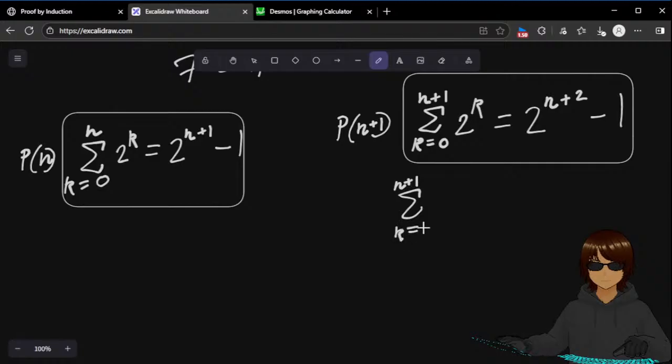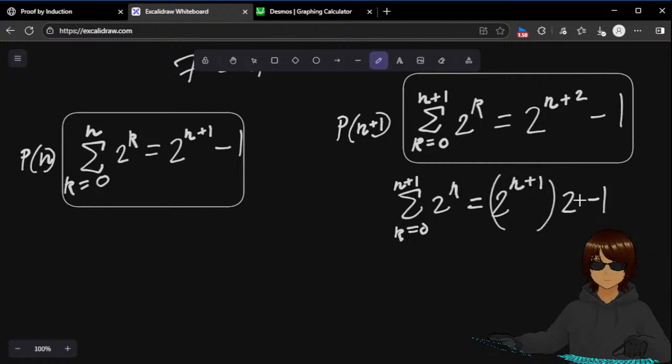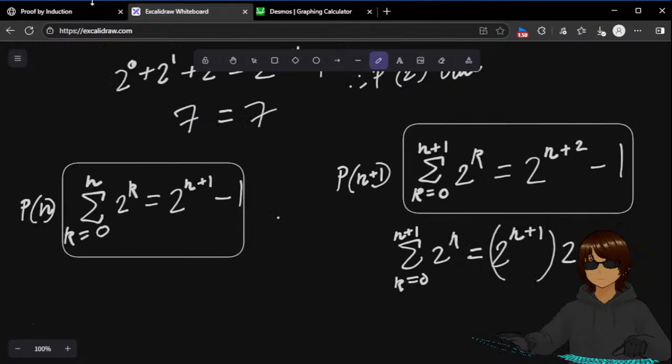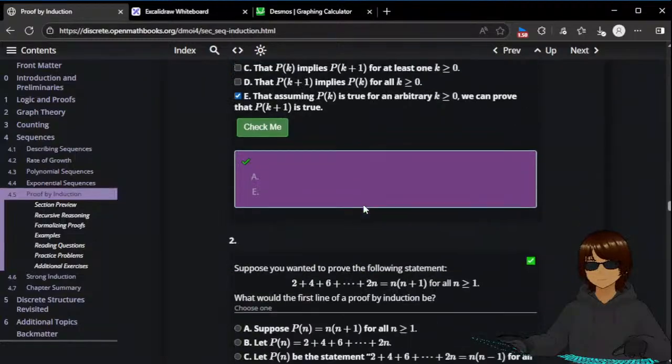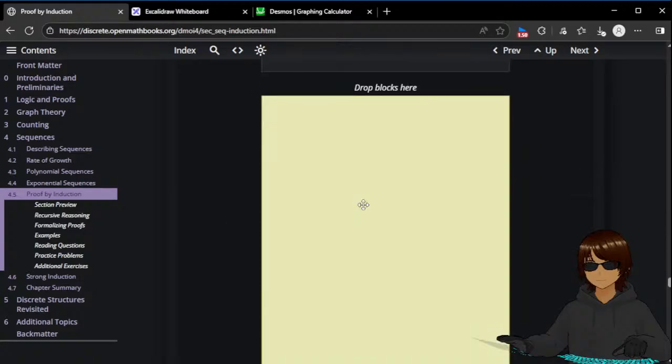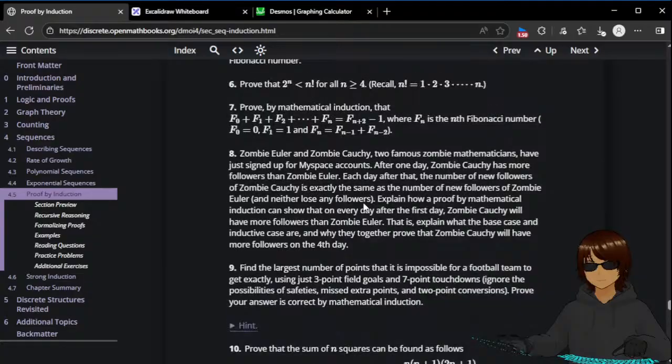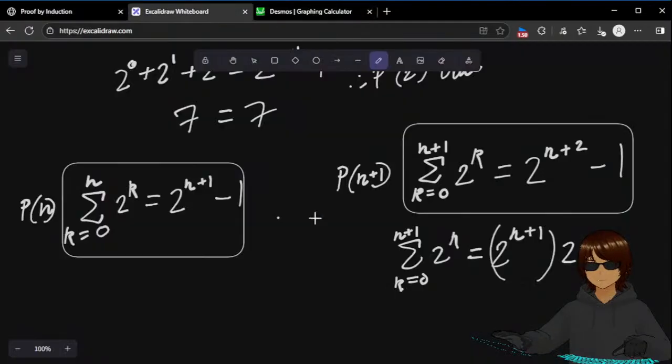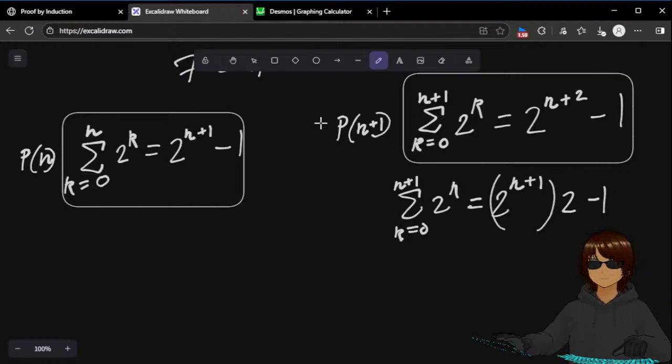So sum of the... am I doing this correct? So Pn is this.